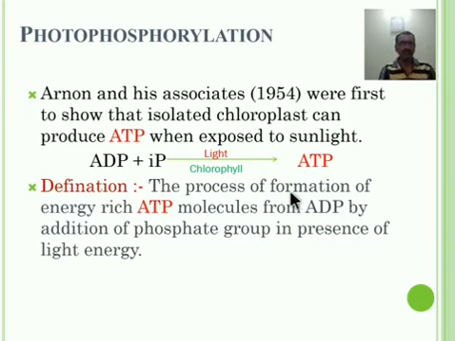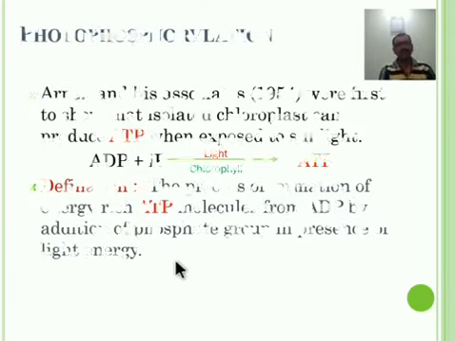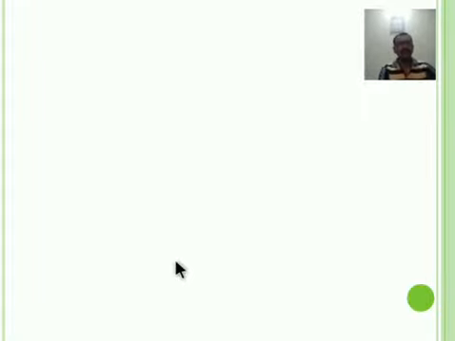The process of formation of energy rich ATP molecule from ADP molecule by addition of a phosphate group in presence of light energy is known as photophosphorylation.